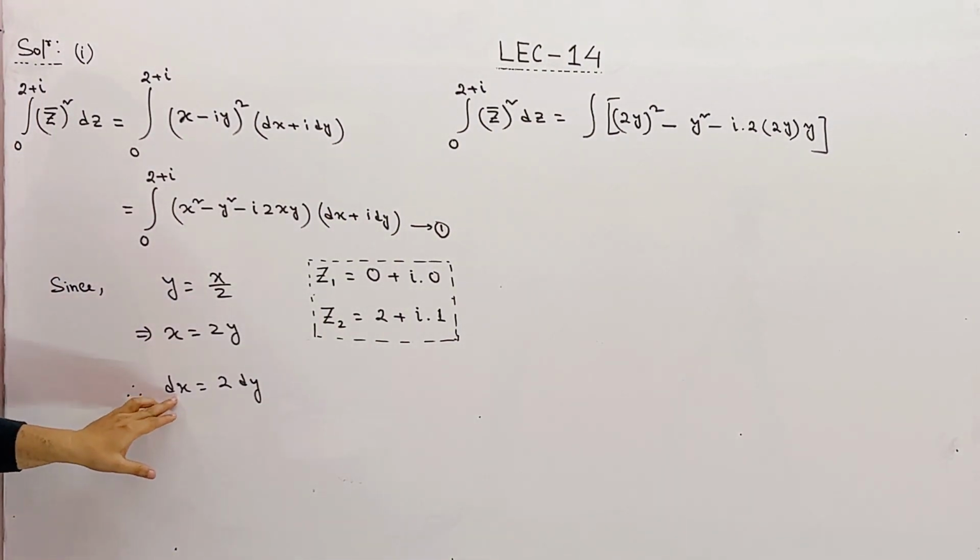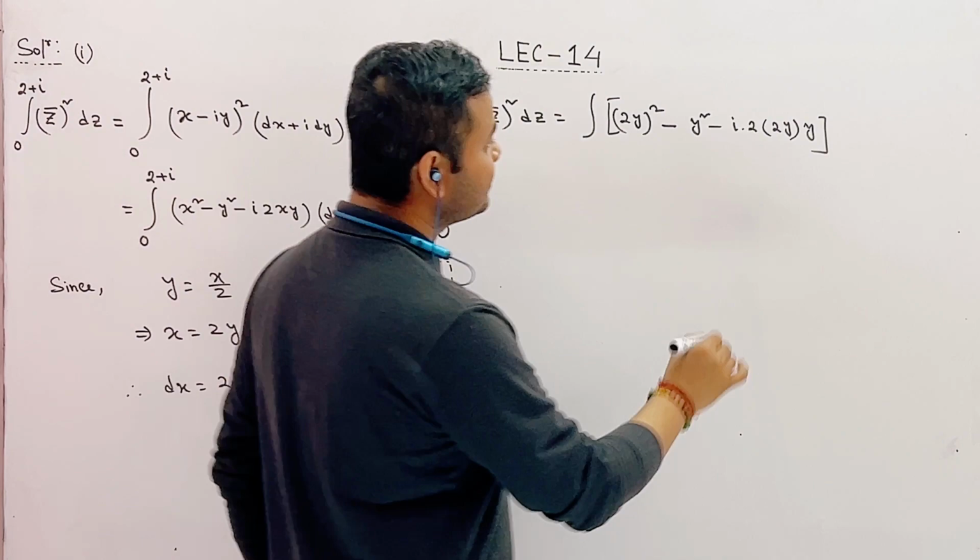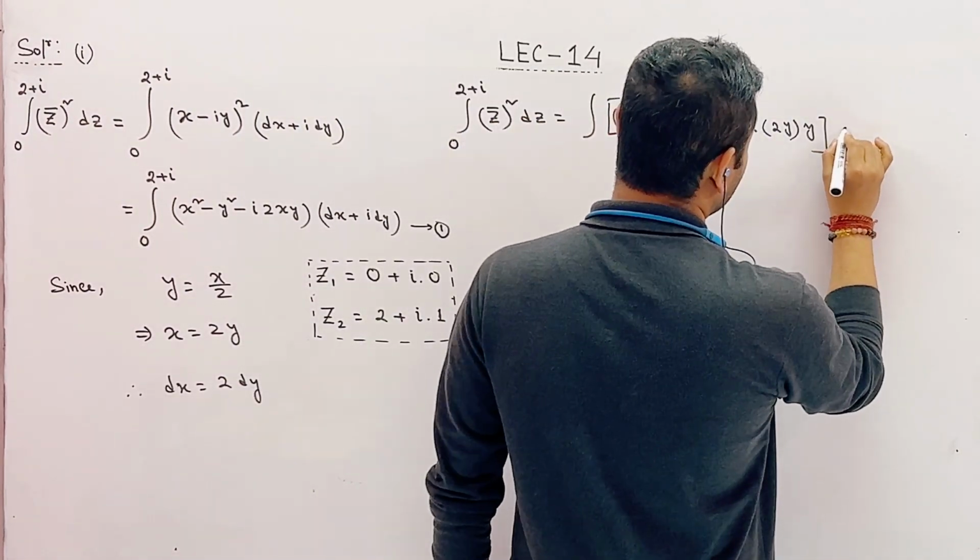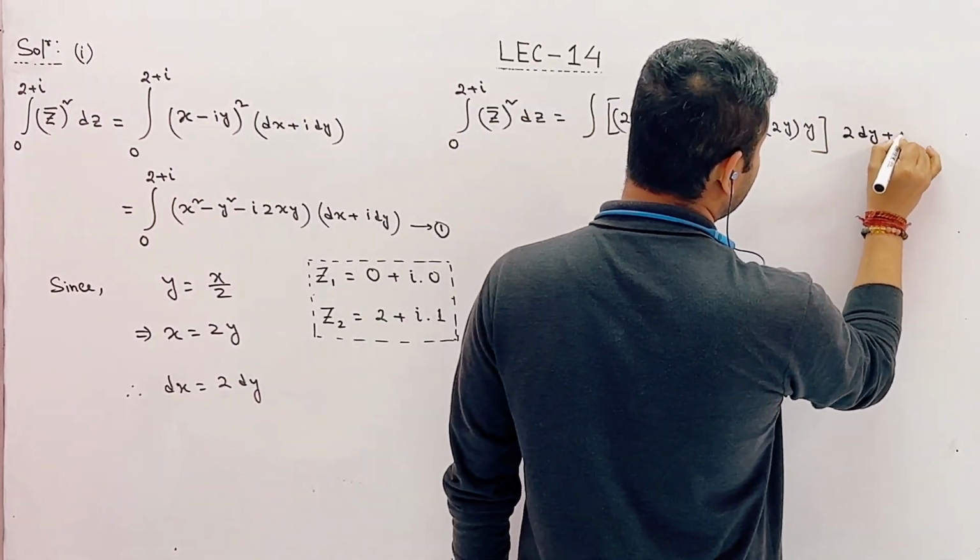We have seen that dx equals twice dy. So finally we get twice dy plus iota dy.